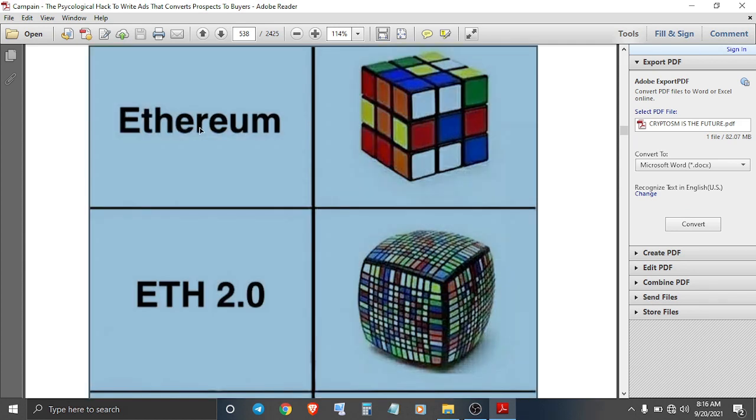Ethereum is a network of blocks itself, and transactions will be recorded in these blocks. Inside this Ethereum, they have what we call the Ether coin.